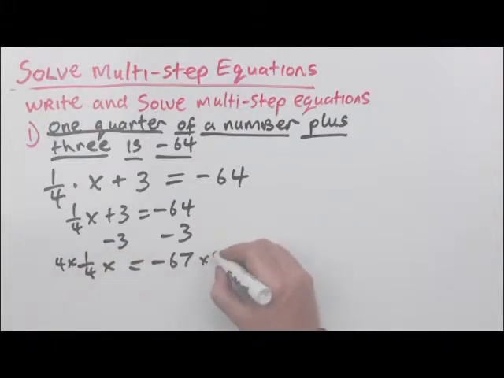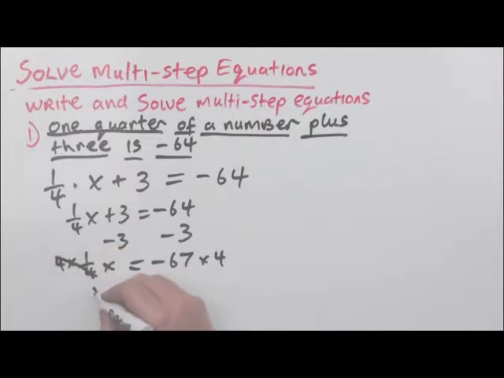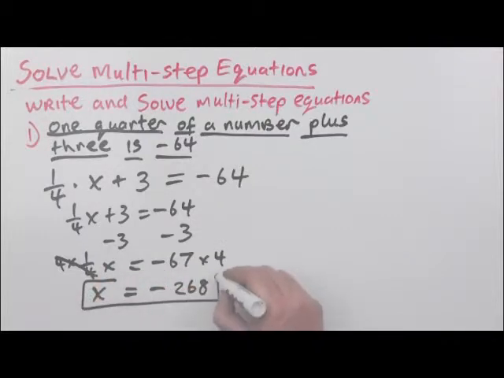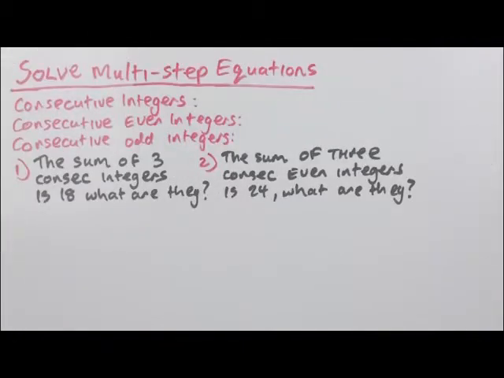Flipped upside down, I get 4 over 1, or just 4. I multiply by 4 on both sides. So that 4 cancels that 4, so that's 1x is equal to negative 67 times 4. A negative times a positive is a negative, so it's negative 268. Great. And that is my answer.